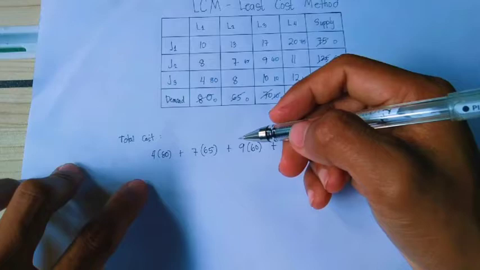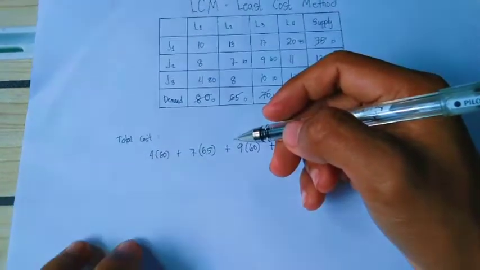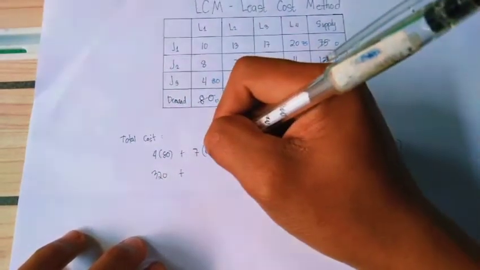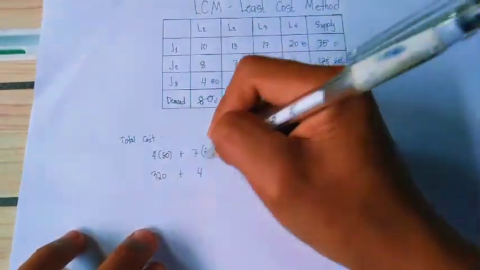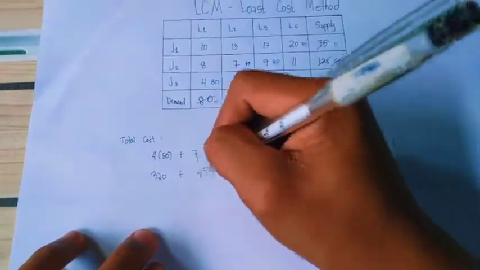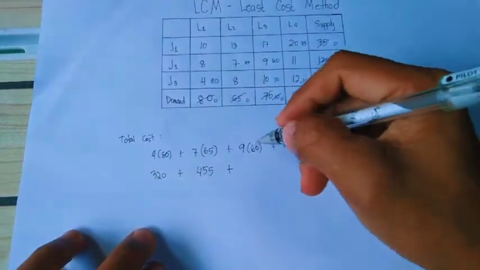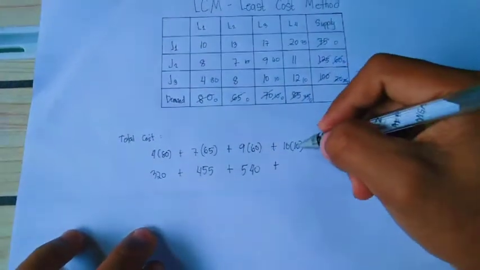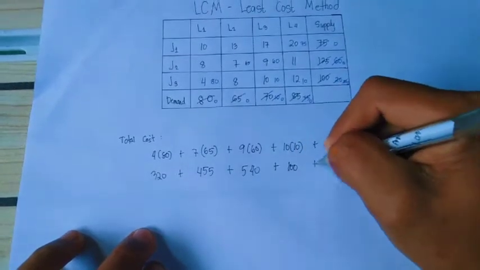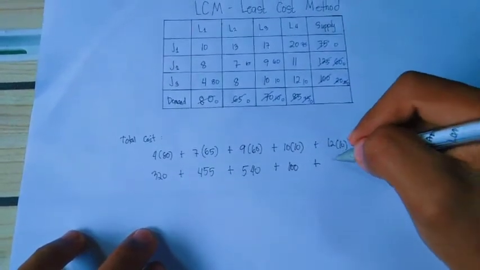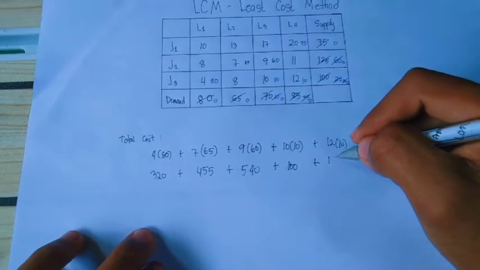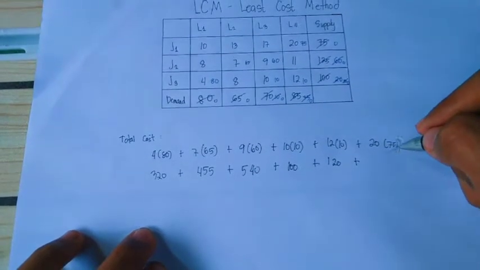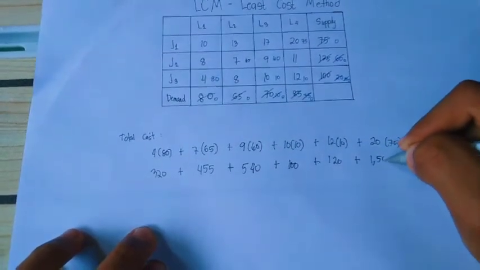So 4 times 80 is equal to 320, plus 7 times 65 is 455, plus 9 times 60 is 540, plus 10 times 10 is 100, plus 12 times 10 is 120, plus 20 times 75 is 1,500.